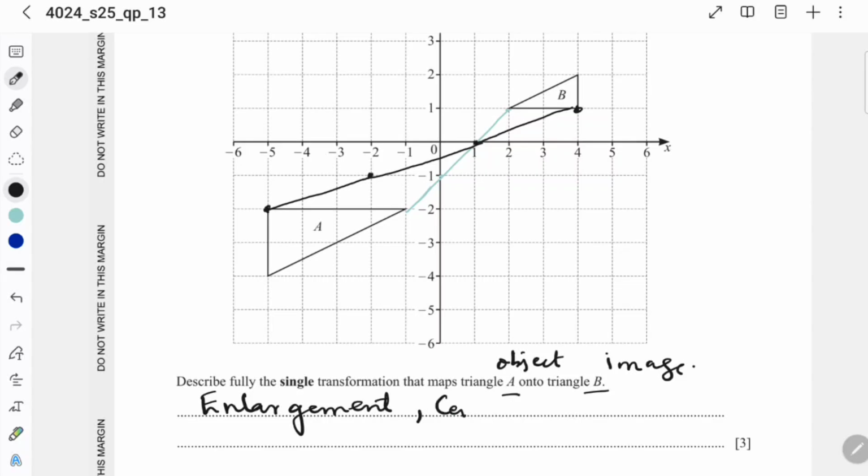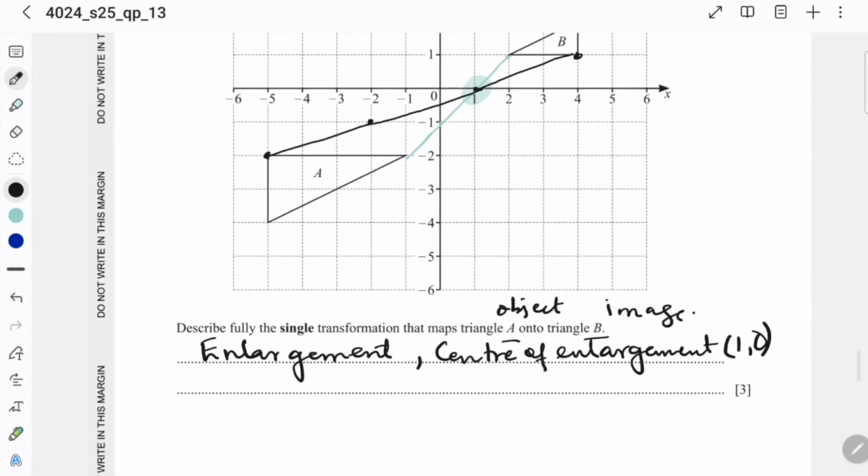The center of enlargement is 1 comma 0. As the center of enlargement is coming in the middle here, it means the scale factor is negative. All right, the scale factor is negative because the center is in the middle. So what is the formula to find out the scale factor?